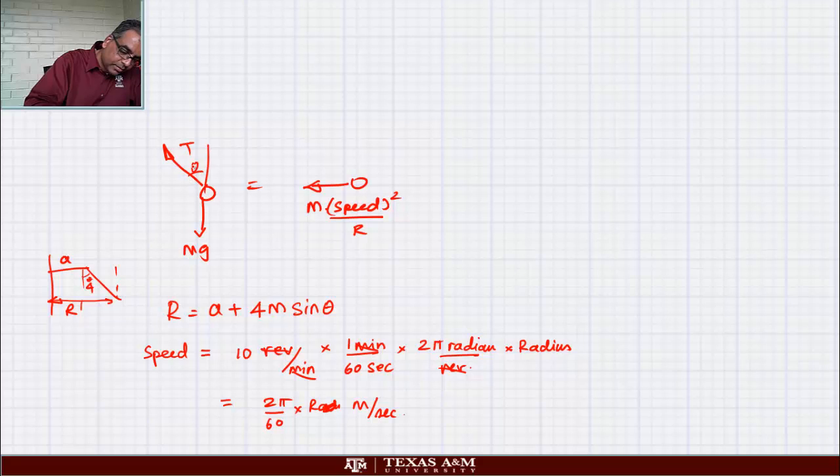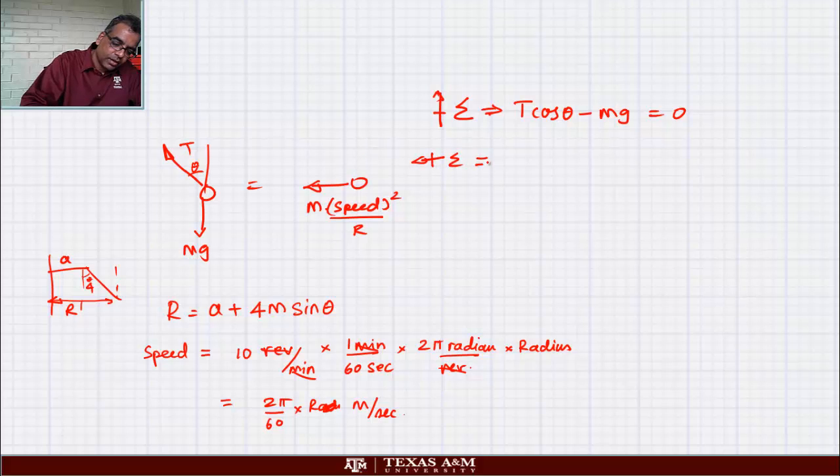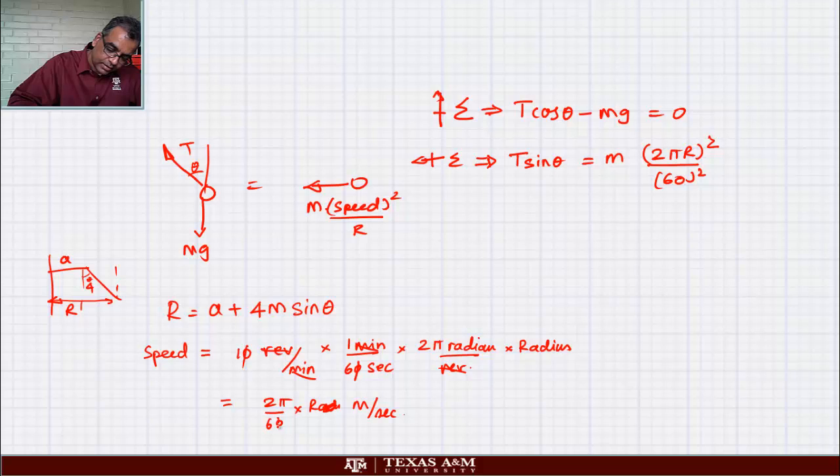This angle is theta. So you will get summation of all the forces, vertical positive will give me T cos theta minus mg equal to 0, because there is no acceleration this way. Summation of all the forces this way gives me T sin theta equal to m speed squared, which is 2 pi r times 10 divided by 60, squared, divided by r, right?